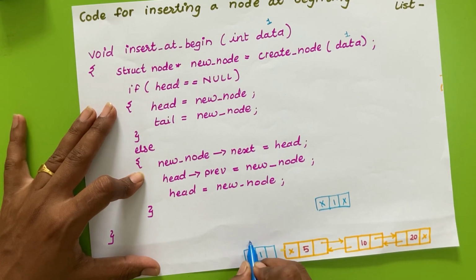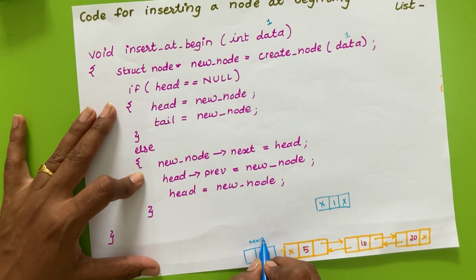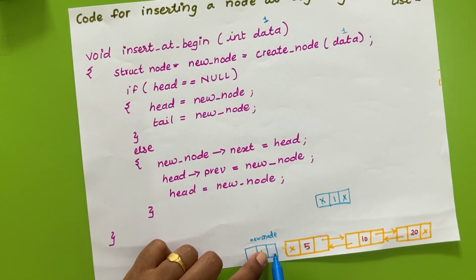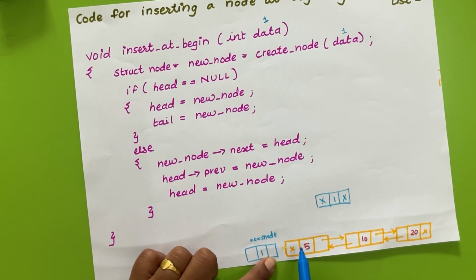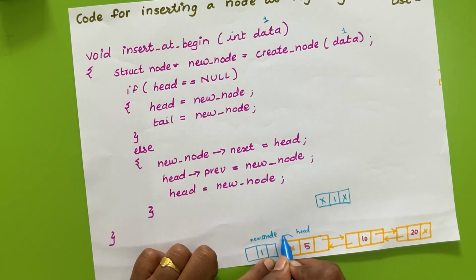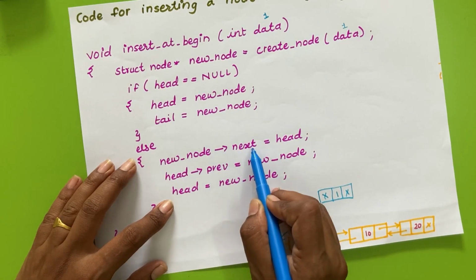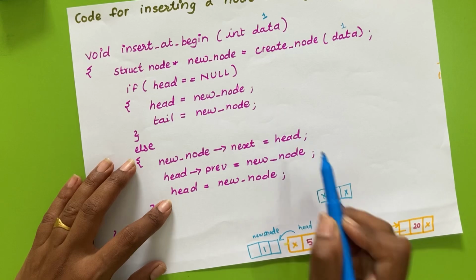So this is our new node. I want to change the next field pointer of the new node to the already existing head node. Instead of this null, I will copy the address of the head node into the new node's next field. So new node next is equal to head.